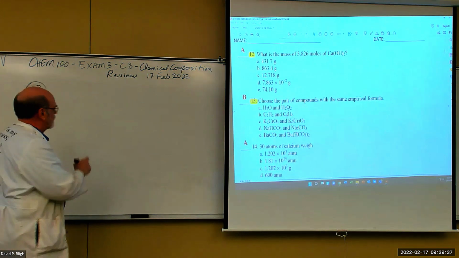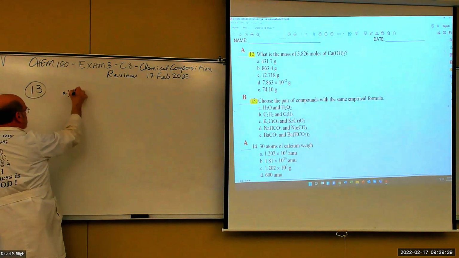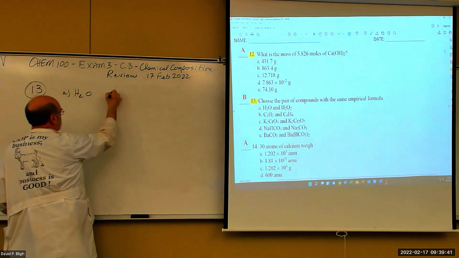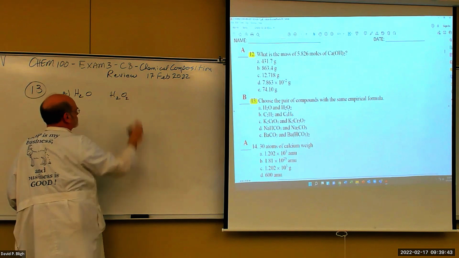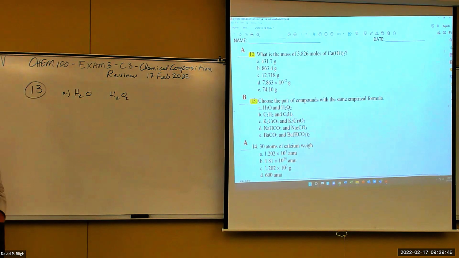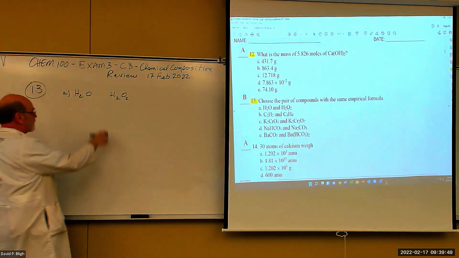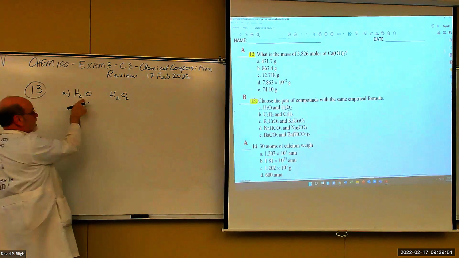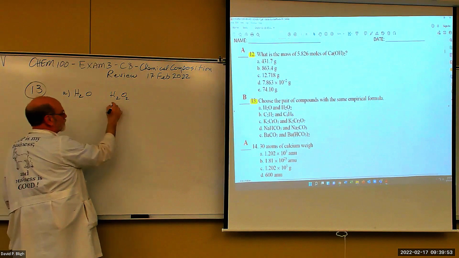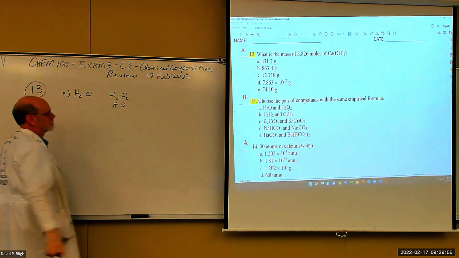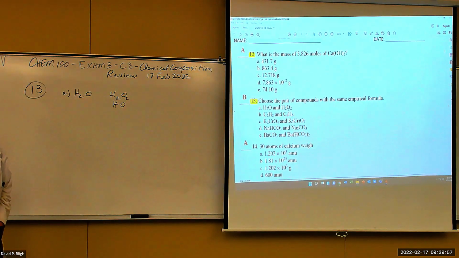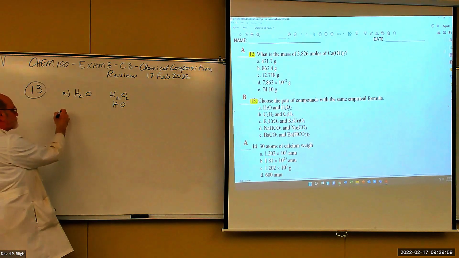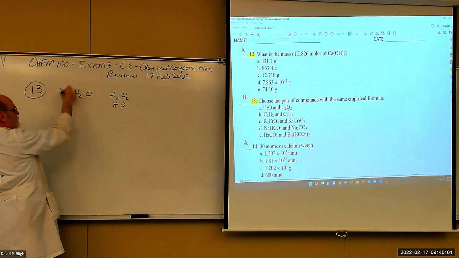So A is water and hydrogen peroxide. Can that be the same empirical formula? No. The empirical formula for water is just H2O, that's as far as you can go. But the empirical formula for hydrogen peroxide is HO. It can be reduced further. Right? So that one's not it.